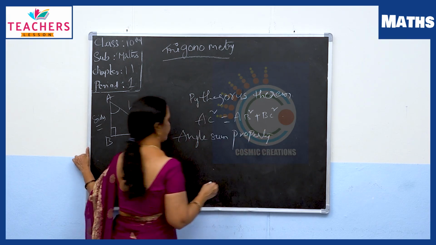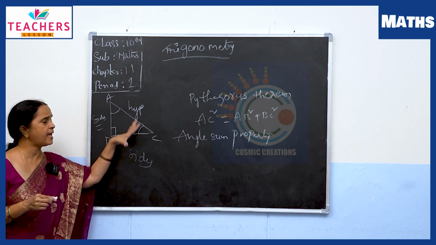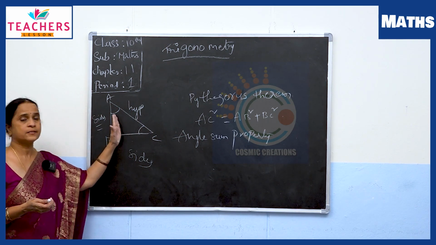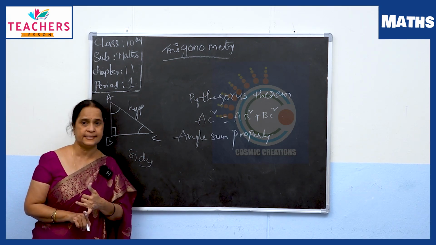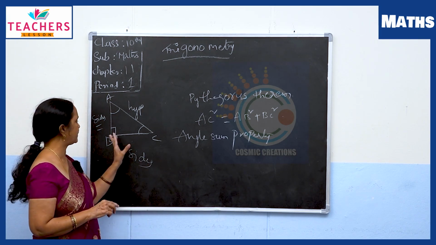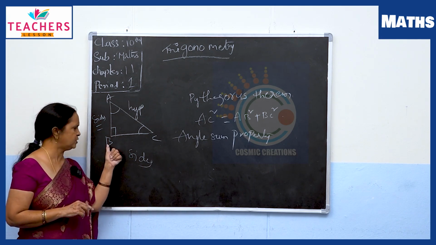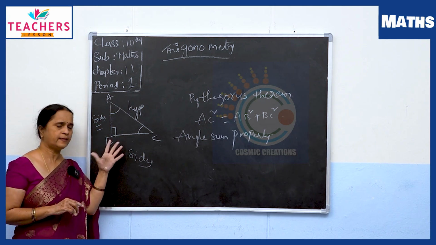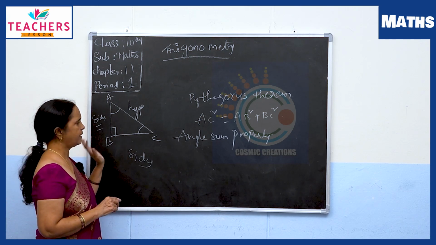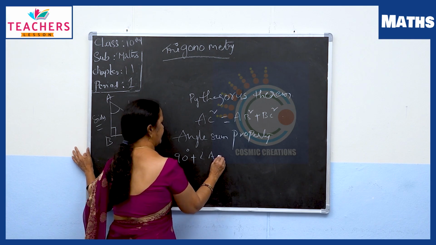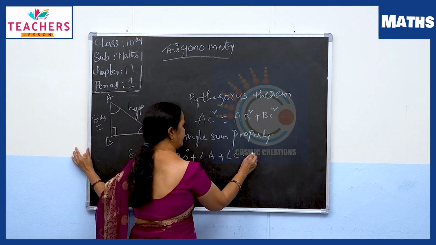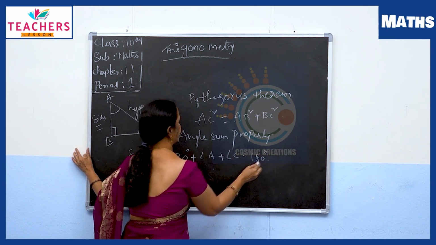Sum of the angles in a triangle is 180 degrees. It is the angle sum property. Angle B is already known, it is 90 degrees. So 90 degrees plus angle A plus angle C is equal to 180.